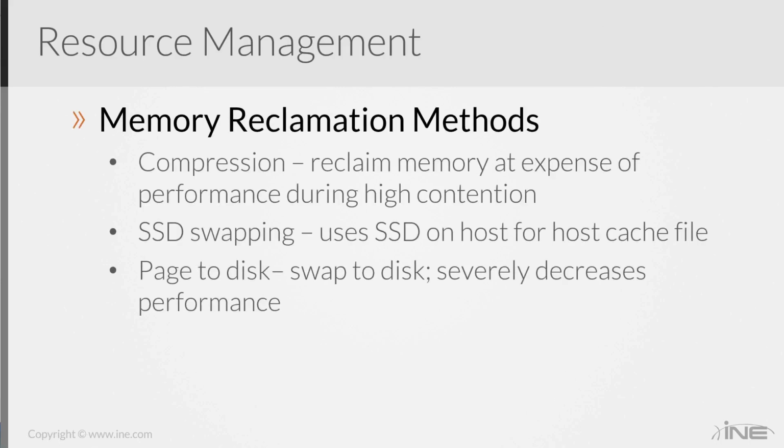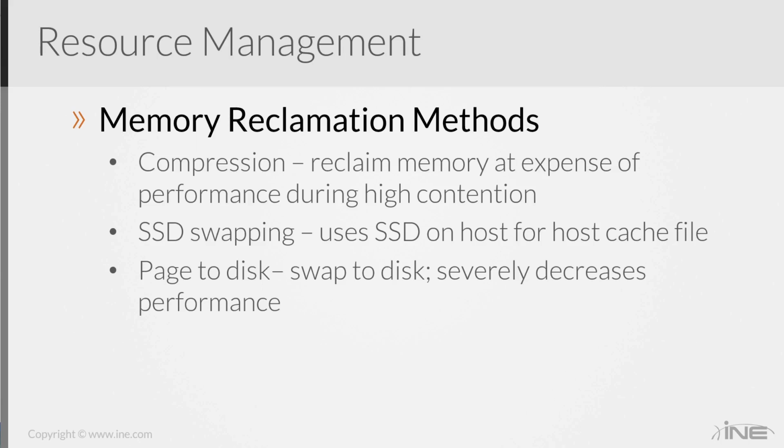The third method of memory reclamation we have is memory compression. This attempts to reclaim memory by compressing pages of memory during memory contention. It does this to avoid the VM swapping out its memory to the swap file.